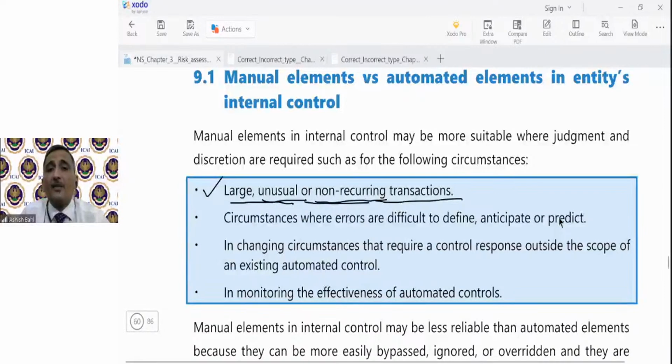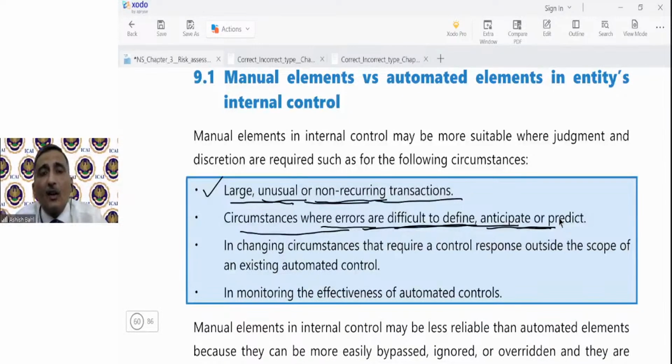Obviously, circumstances where errors are difficult to define, anticipate. So transaction, students, those areas which are not of repetitive nature, जो रिपीटिटिव नेचर के एरियाज नहीं है, ट्रांजैक्शंस की नेचर रिपीटिटिव नहीं है, तो उसका प्रॉपर कंट्रोल्स भी नहीं बन सकता. तो उसके लिए भी मैनुअल एलिमेंट्स ही रिक्वायर्ड है, मैनुअल कंट्रोल्स ही रिक्वायर्ड है.